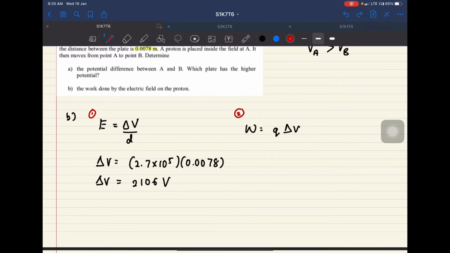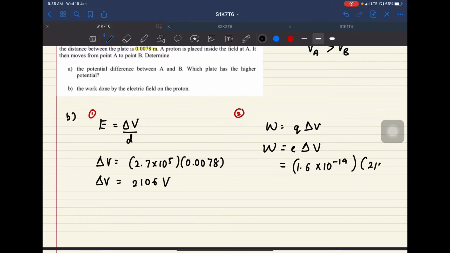Because this is a positron, you substitute with a positive value of e, because positron and electron basically have the same charge. So here I should get 3.37 times 10 to the negative 16, and the unit for work is joule.